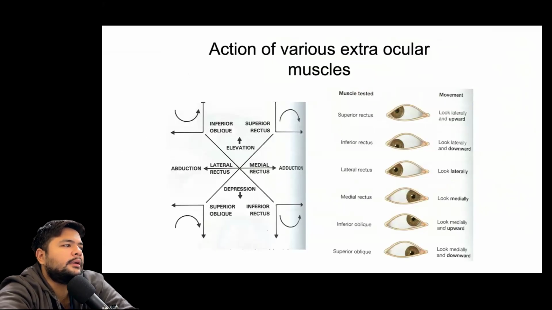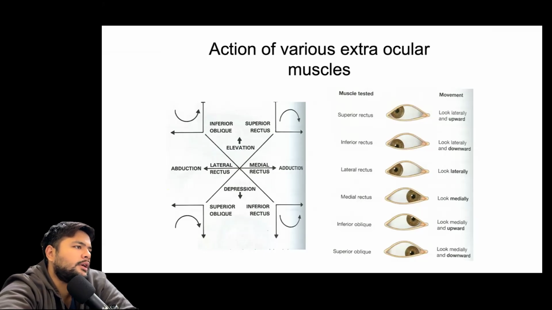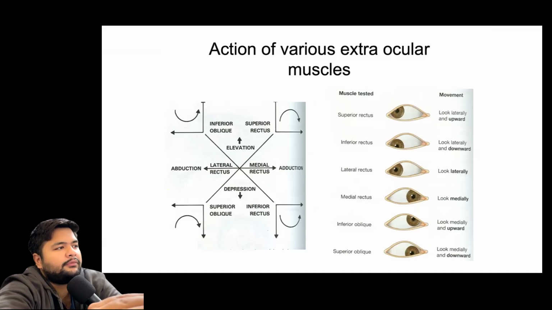Then coming to this diagram, which is very important. The diagram on the left side is very important for understanding. Coming to the obliques, we will start from the inferior oblique. The inferior oblique will give elevation, an upward movement, and the superior rectus will also give an upward movement.